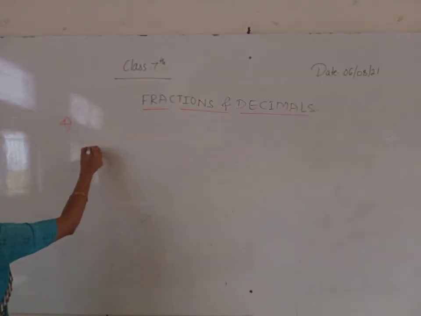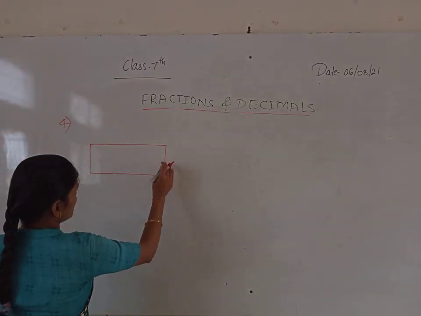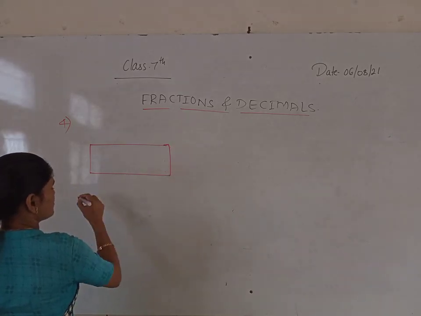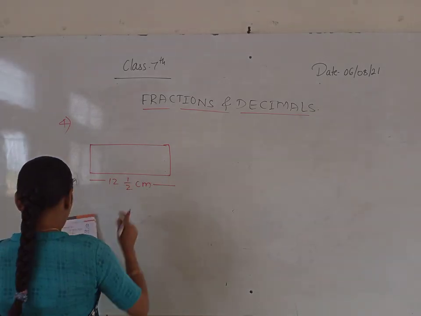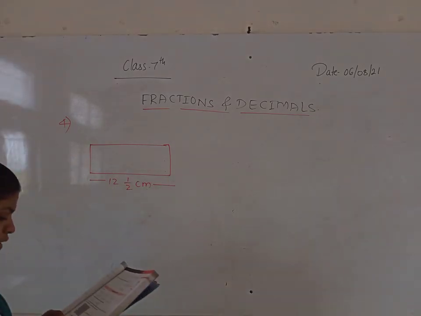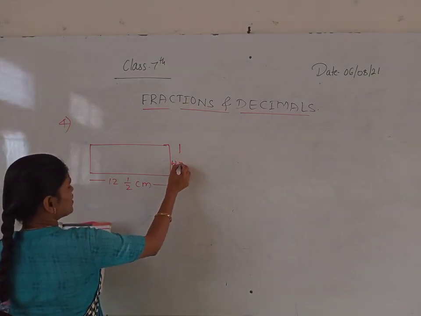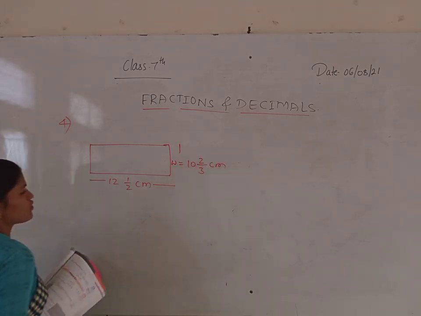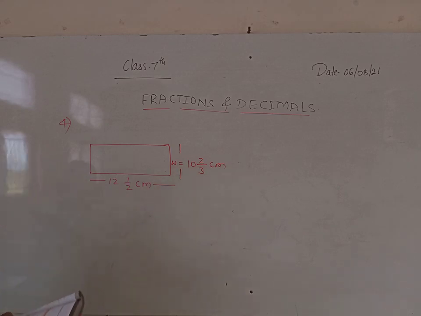There is one rectangular piece of paper. What is the length of this paper? The length is 12 integer 1 by 2 centimeter and the width is 10 integer 2 by 3 centimeter.